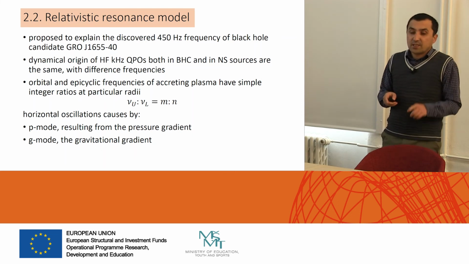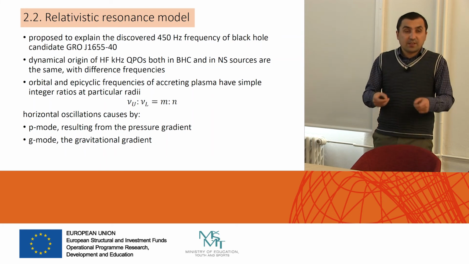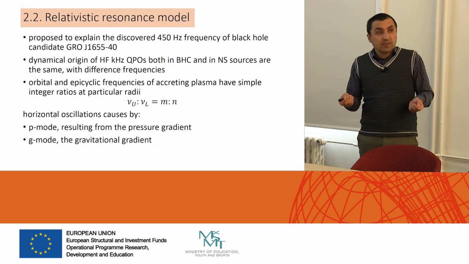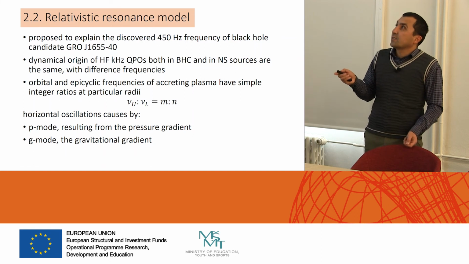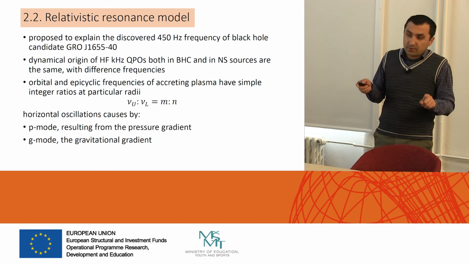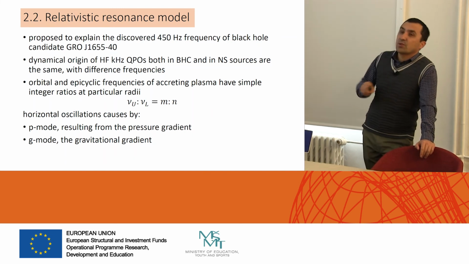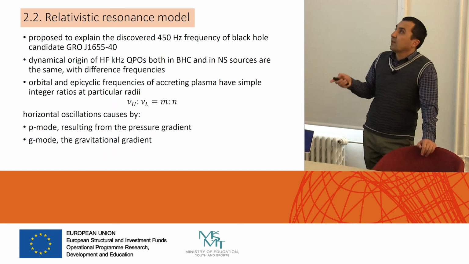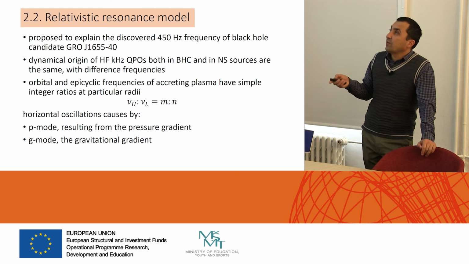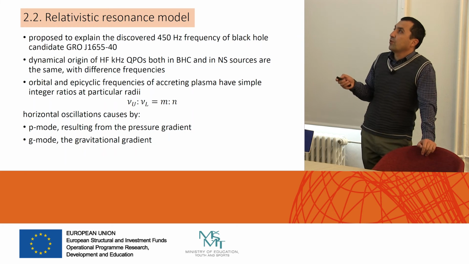It is a single peak sometimes, and sometimes it has, in the kilohertz band, a double peak with a frequency ratio of 3:2, but this object has no lower frequency for some reason. It is unknown why there is no lower frequency.